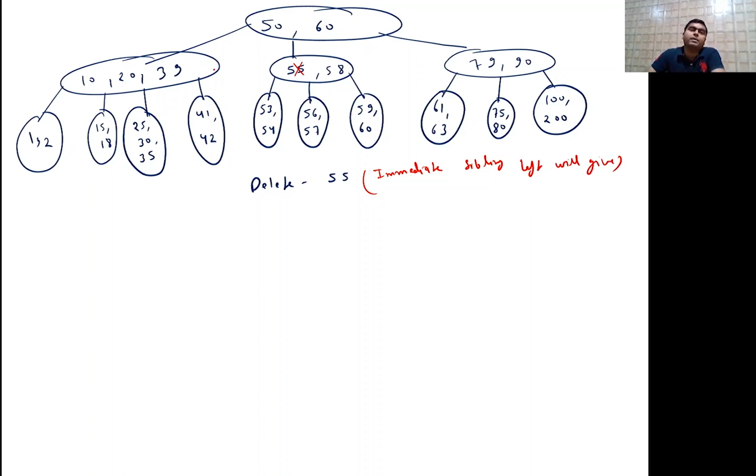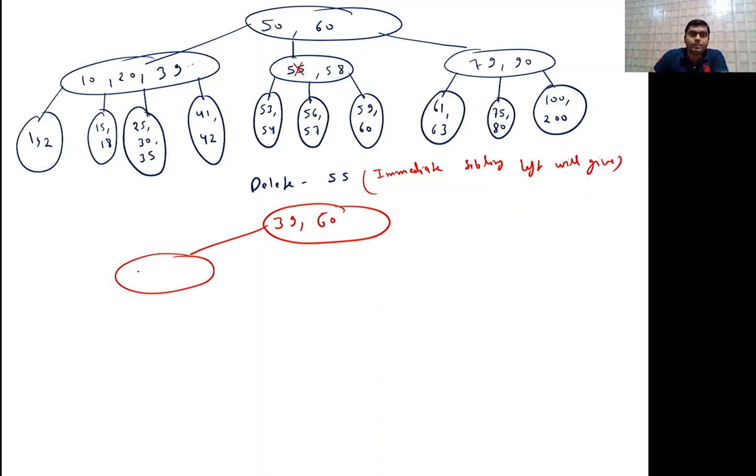Left will give means this 39 will come here. So what will happen in that case? 39 and 60 will be there, and on the left side, what remains is again 10.